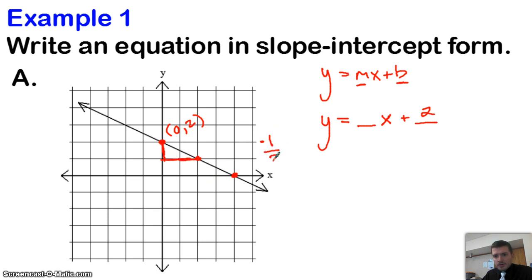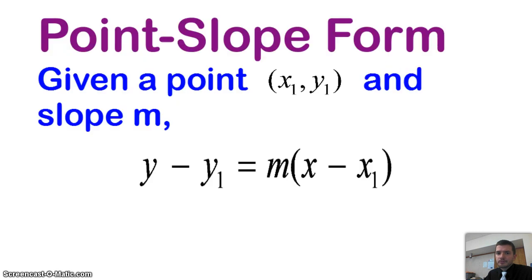So -1 over 2. You guys know that this is a negative slope, so it should be negative. So this is going to be -1/2 x. So this is our equation in slope-intercept form, y equals -1/2 x plus 2. There you go. Alright, let's keep going.